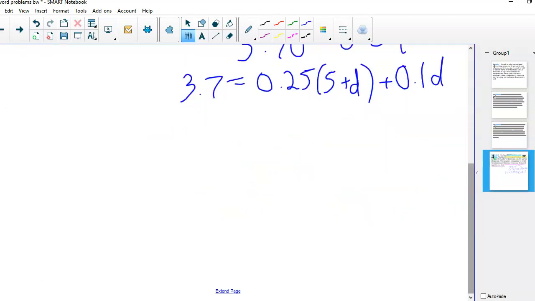And then what? Distribute. 0.25 times 5 is 1.25, plus 0.25D.